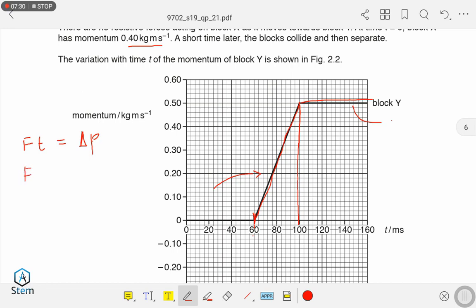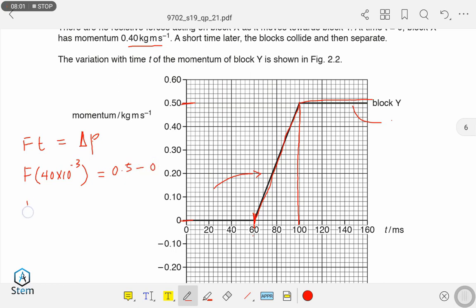Our time of interaction is 40 milliseconds, so F multiplied by 40 times 10 to the power minus 3 for milli is equal to change in momentum. Our change in momentum is from 0 to 0.5 kg meters per second. So 0.5 minus 0.